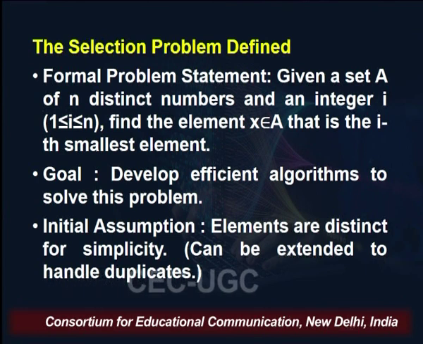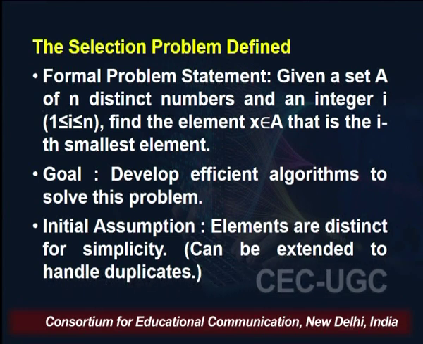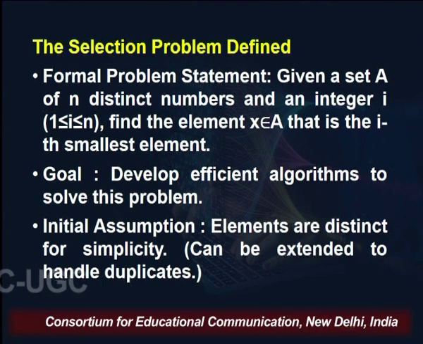Because if we just need to solve the problem, the simplest idea could be to just sort the array. So, why are we not just sorting the array if we are going for the selection problem? You understand which selection problem I am referring to now.